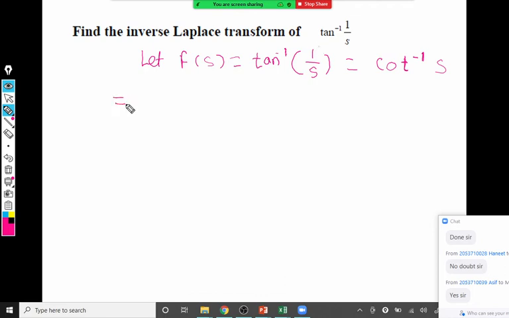So I am taking that f dash s here. Now there are two ways. Those who are not able to get this property, directly differentiate tan inverse. Those who are getting this property, use the derivative of cot inverse s. What's the derivative of cot inverse s?